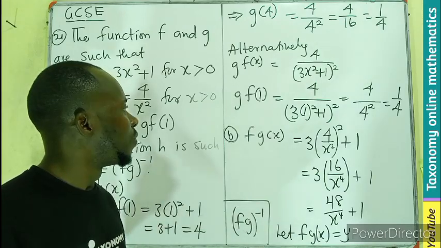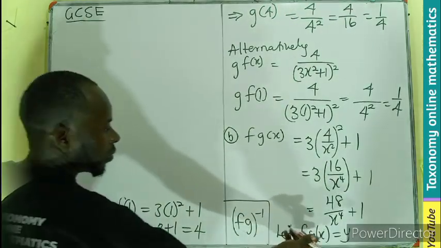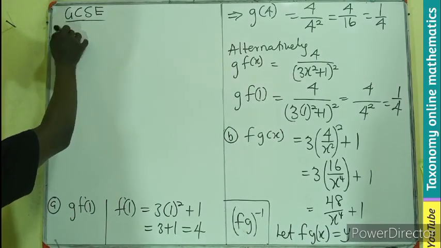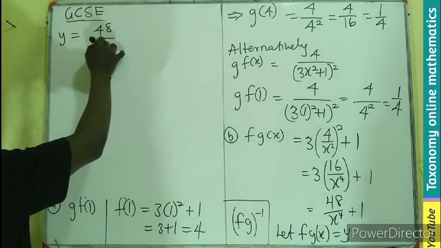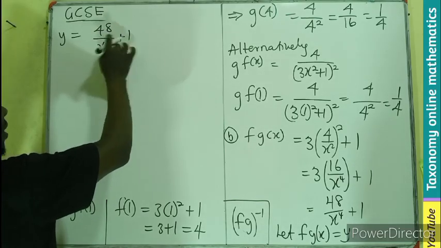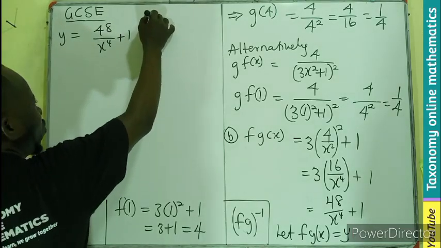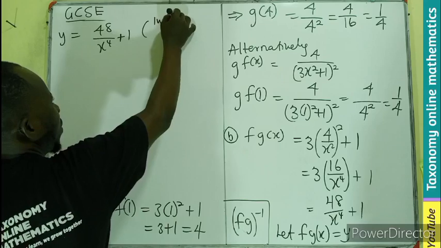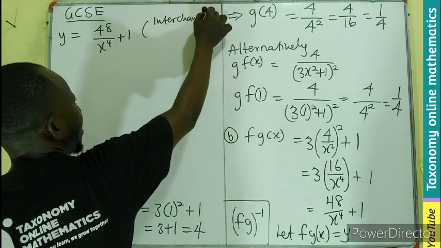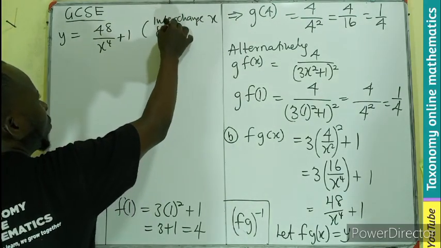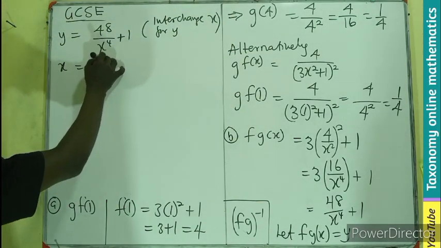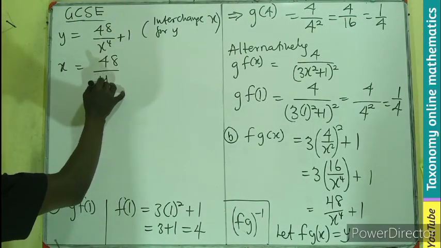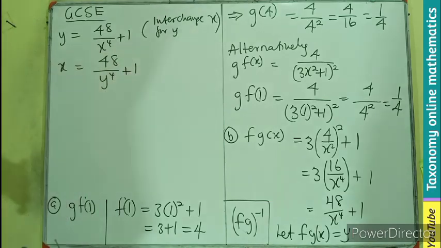Okay, so here I'll be having y equals 48 divided by x to the power 4 plus 1. We know the next step is to interchange x and y. So here I'll be having x equals 48 over y to the power 4 plus 1.